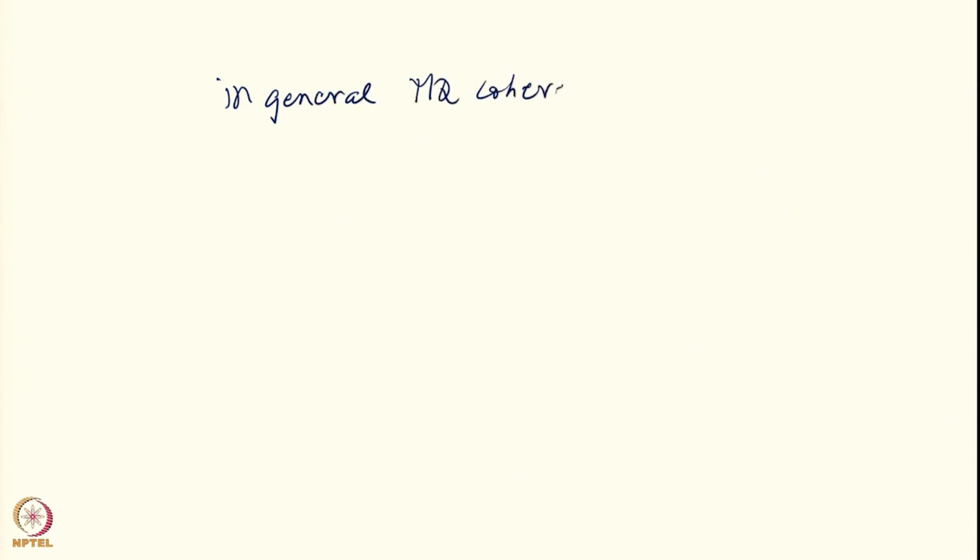You can also have triple quantum coherences, but these are not directly observable. When you put a detector, these are not directly observable in a detector, and they have to be converted into single quantum coherences for detection, but these can appear in your transfer pathway.